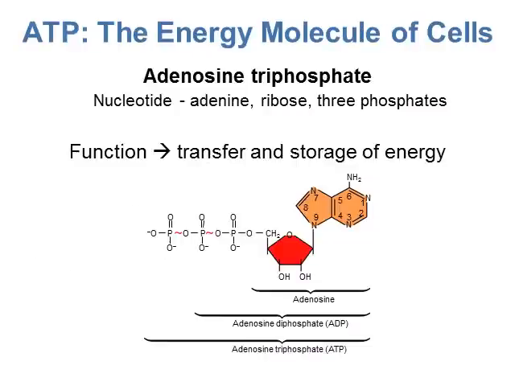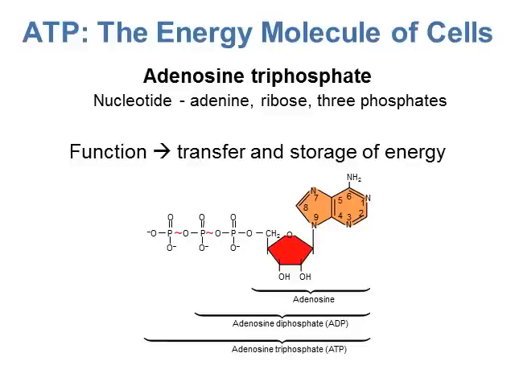The final part of nucleic acids is we're going to look at ATP, which is an energy molecule of cells. And we'll see this come up in other units during this course. So ATP is called adenosine triphosphate. And adenosine triphosphate is actually a nucleotide.